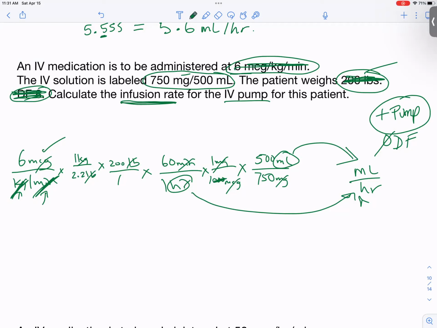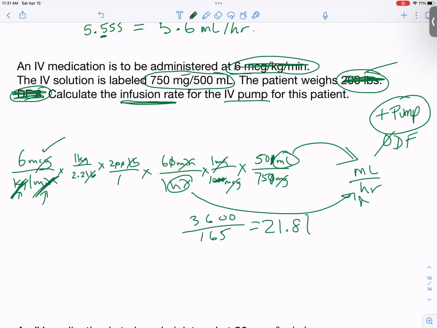So you can cross off zeros wherever you want to get the numbers smaller so you can work easily with your calculators, because some of your calculators get the E error message. But anyway, when I do the math, it's like 3,600 after I cross off my zeros over 165. That will give me 21.81.